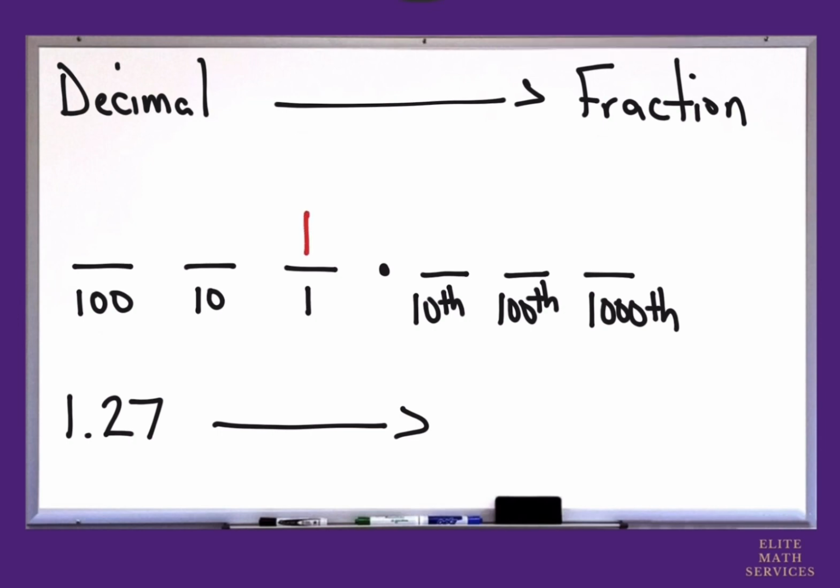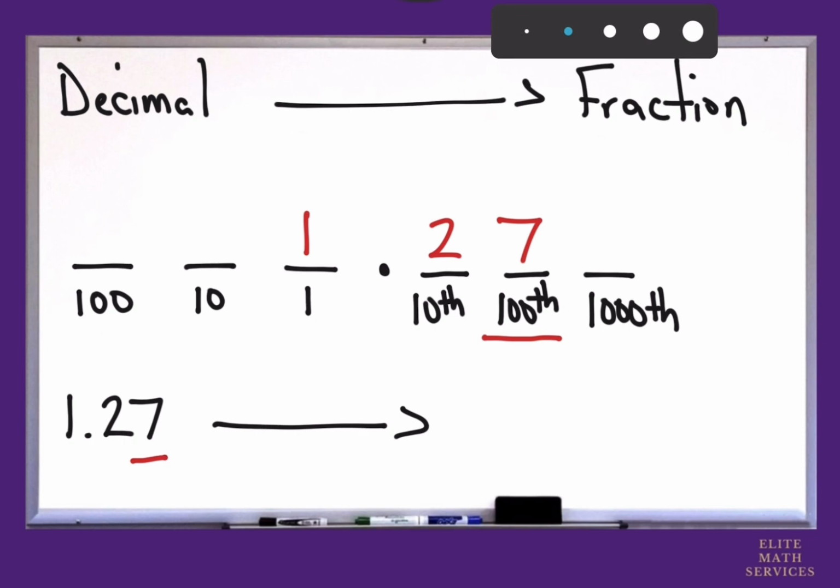The 1 is on the left and the 27 is on the right. And our last number is going to be 7, and it is in the hundredths place. So that determines our denominator. Our denominator is 100. And our numerator is going to be simply 27.